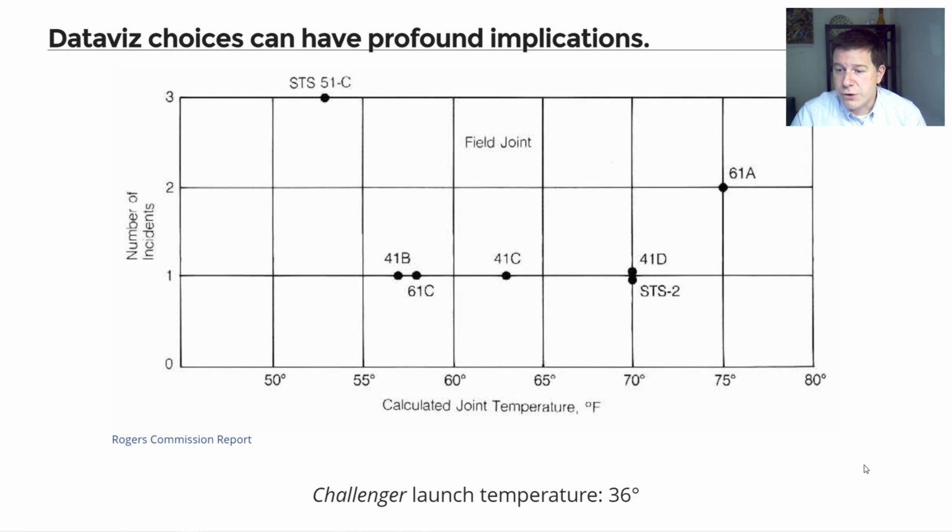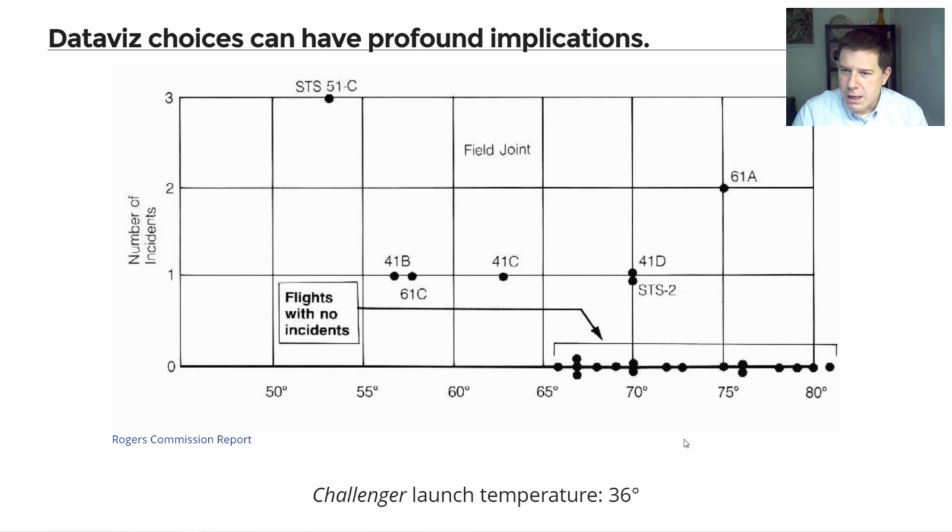The predicted air temperature for the launch was 36 degrees, which is well off the side of this plot here. And they looked at the number of failures as a function of temperature and said, I don't know, looks okay. Obviously, there were a lot of things that went into the Challenger disaster, but this is one thing that people did look at.